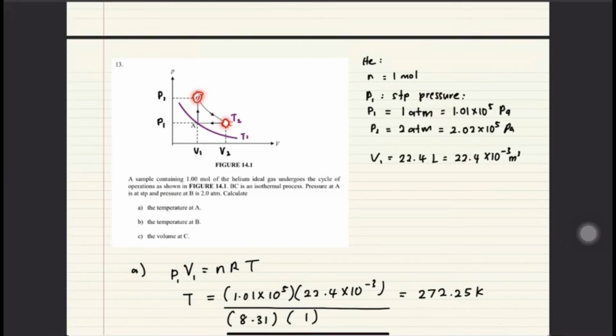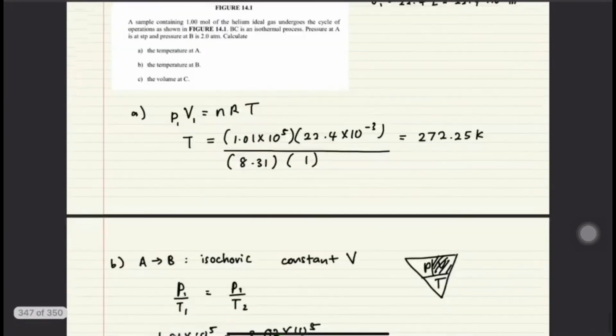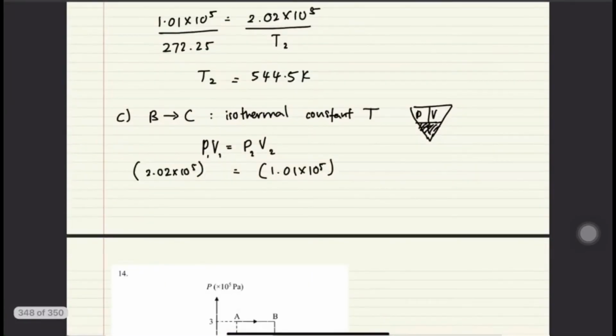I just put 1, 1, 2, 2 as well, but the 1 represents here and the 2 represents this one. Kalau saya nak particular, then you have to be careful lah. P1 is 1 atm, P2 is 2 atm, and your V1 is 22.4.